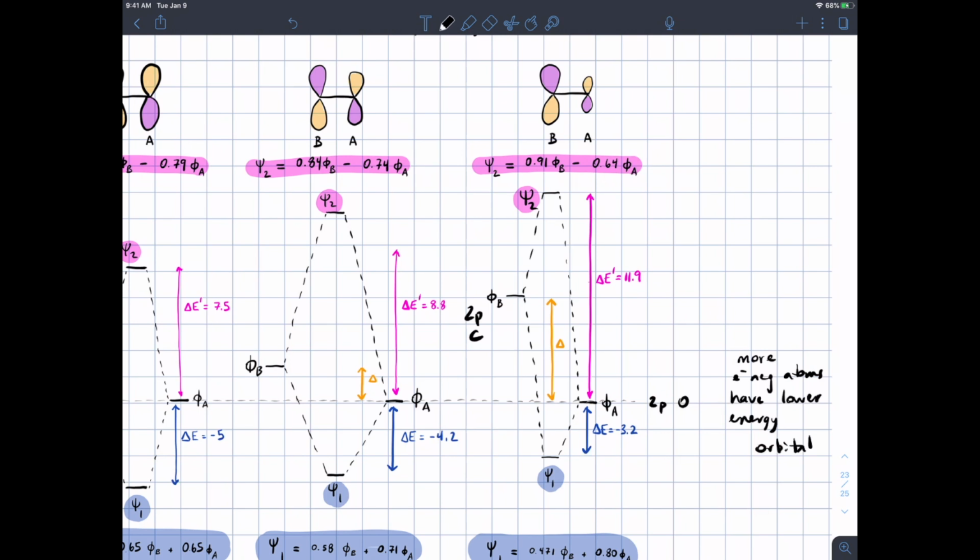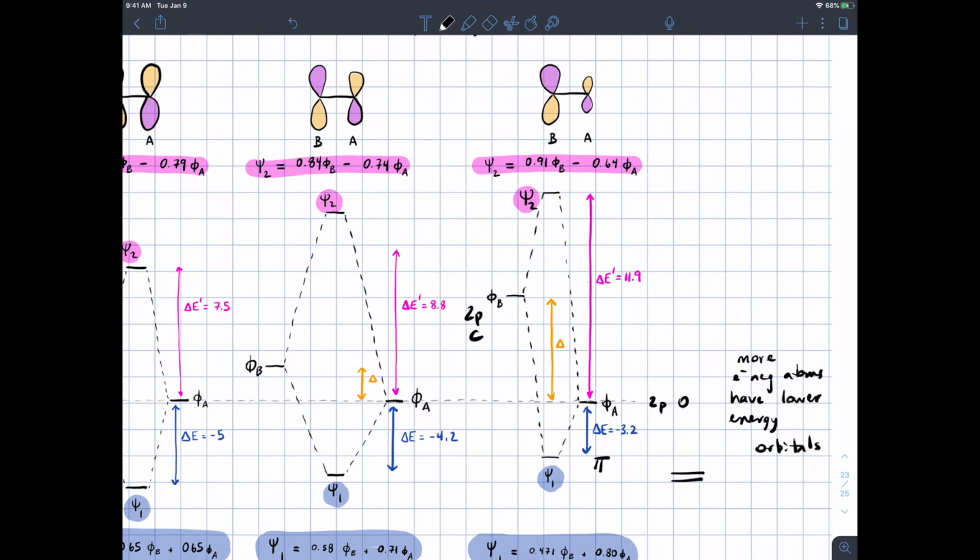And there's a table in chapter 1 of your text where you can see by how much. But for example, if this was a carbon-oxygen pi bond, the mixing to make a pi and a pi star, the pi orbital is going to be more on oxygen than it is on carbon.